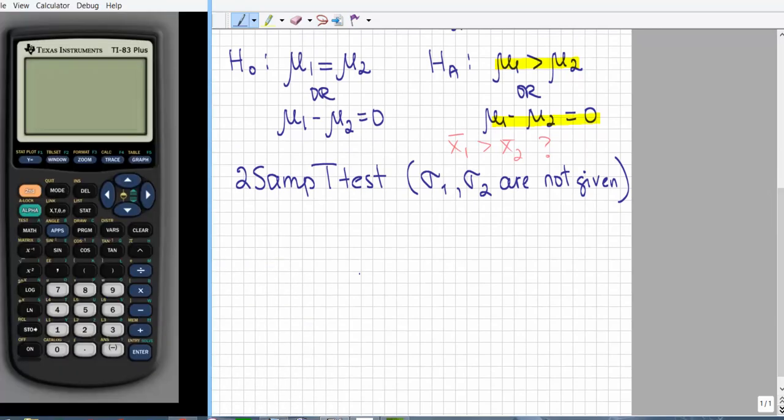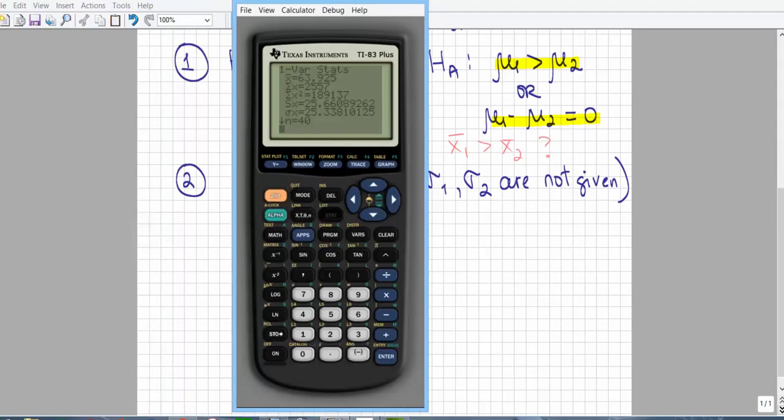So where would I go? We're going to go to stat, test. 2 sample t-test is command 4. Let's take a look. All of my numbers are already here, right?